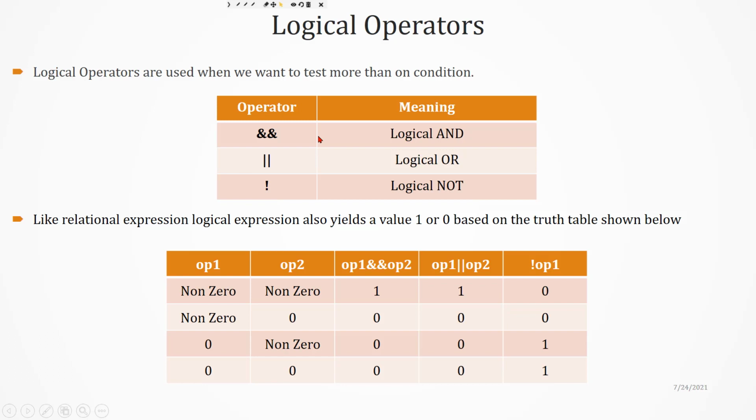Three logical operators are there. Logical AND is written with two ampersands. Logical OR is two pipe symbols. That symbol on laptop and PC keyboards is above the Enter key.